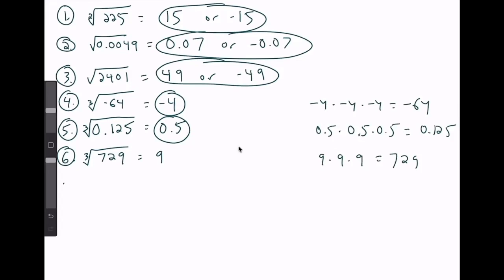Number 7. Number 7 says, find all the real fourth roots of each number. Okay. So the fourth root of 16. We actually already did this one, but my index is even. How many answers should I have?